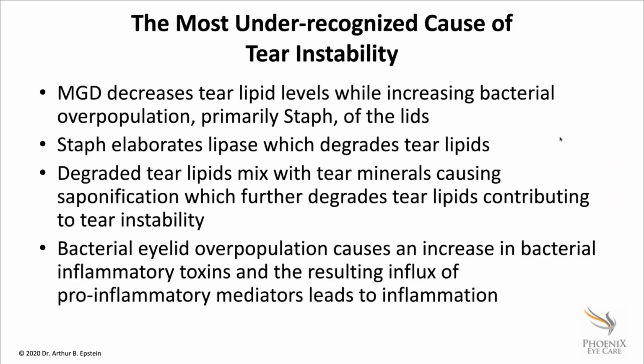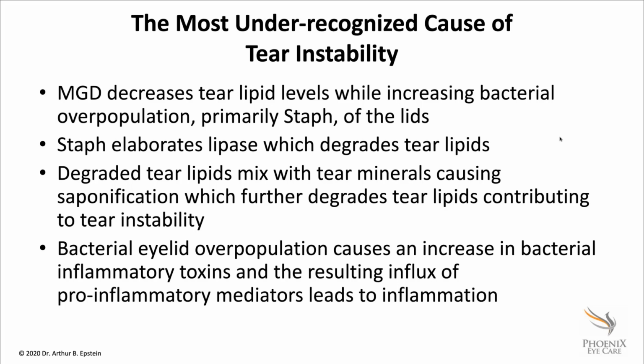Number 2, the second most under-recognized cause of tear film instability is changes in the flora or the microbiome associated with meibomian gland dysfunction, causing an overproduction of toxins, exotoxins. Staph want to maintain their dominance in an area, so normal flora produce toxins to keep other things from growing, and they also produce digestive enzymes, among them lipase, collagenase, protease, and so on.